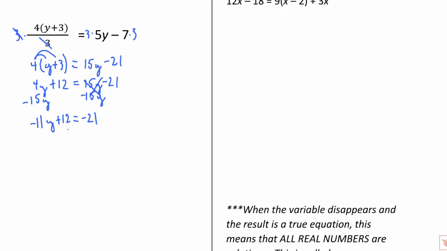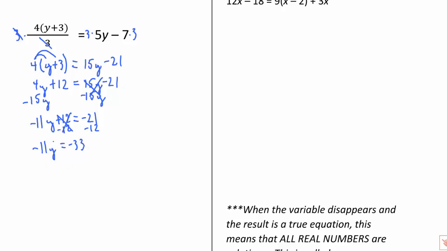Now I need to get rid of the positive 12, so I'm going to subtract 12 from both sides. The 12 goes away. I'm left with negative 11y is equal to negative 21 minus 12, and that's negative 33. So negative 11y is equal to negative 33.